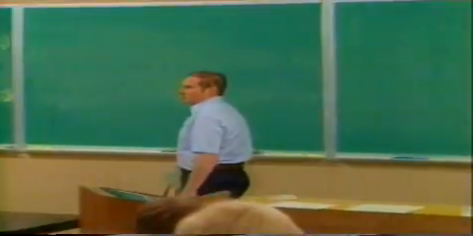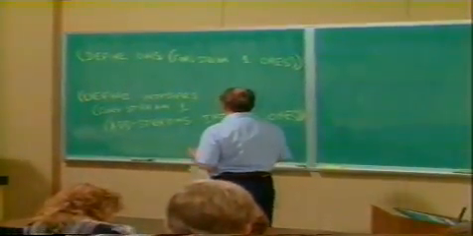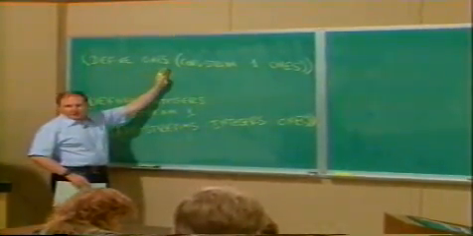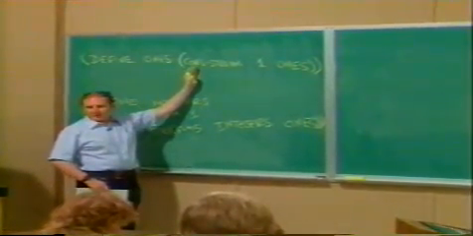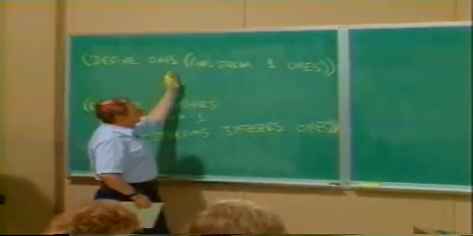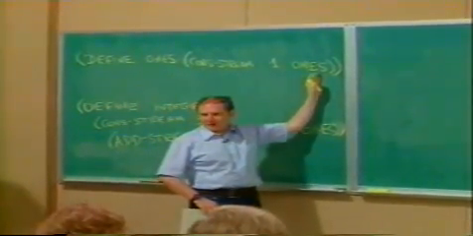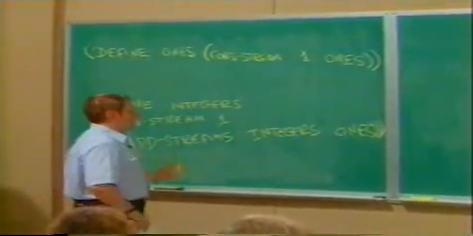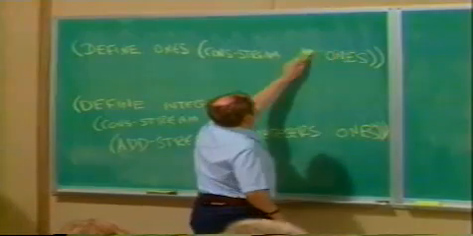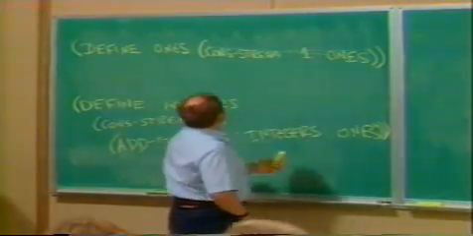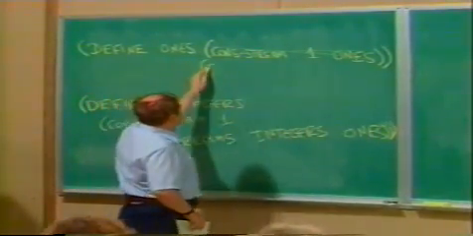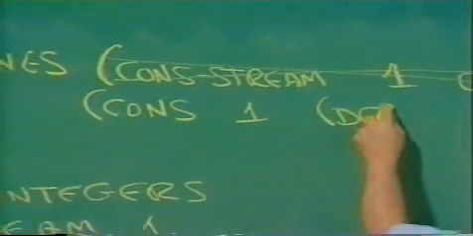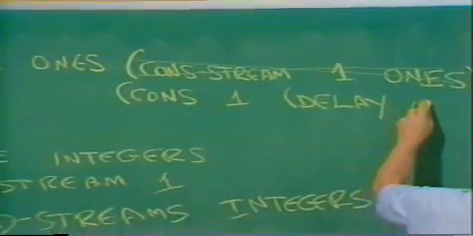Notice that it works because of delay. Let's take a look at ones. This looks like it couldn't ever even be processed, because it's suddenly saying, in order to know what ones is, I say it's cons-stream of something onto ones. The reason that works is because of that very sneaky hidden delay in there. Because what this really is, remember, cons-stream is just an abbreviation. This really is cons of 1 onto delay of ones.